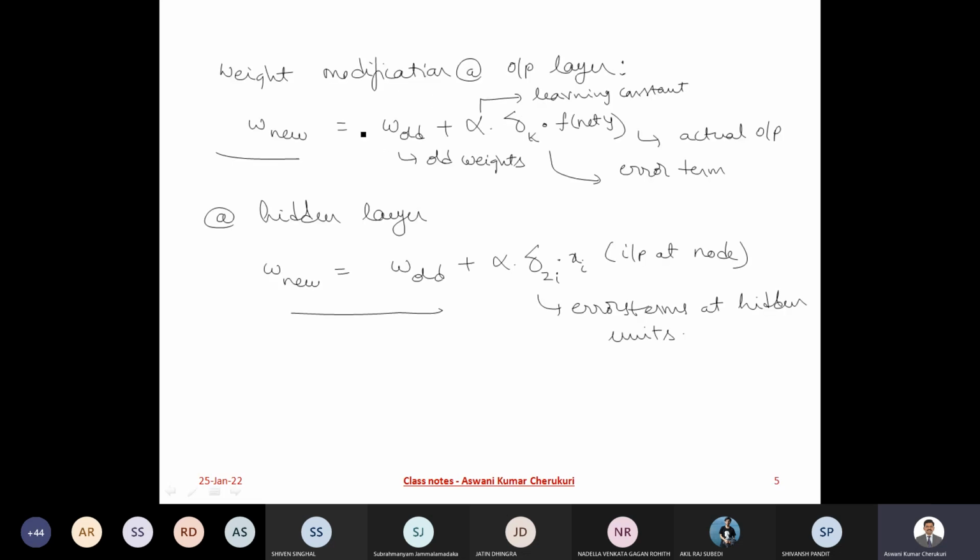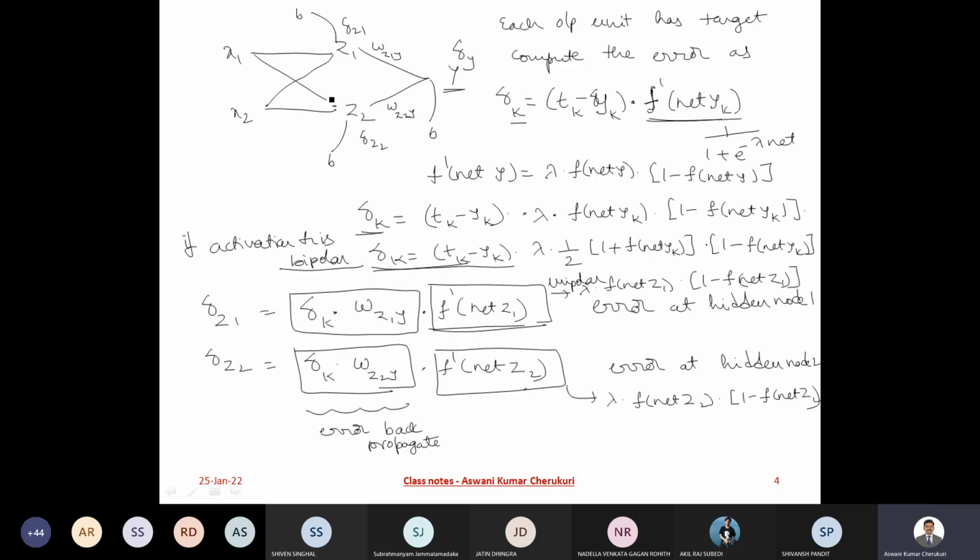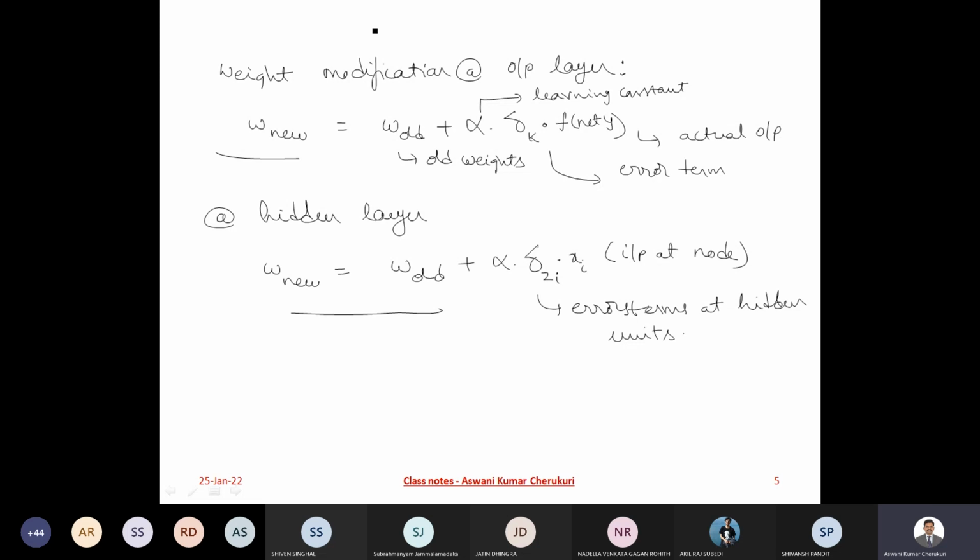When we are modifying the connection weights to Z2, obviously we consider del Z2. When we are modifying the connection weights to Z1, we use del Z1. So this is the weight modification formula.